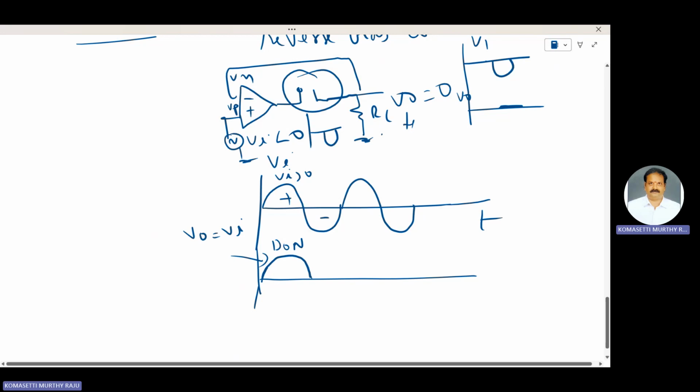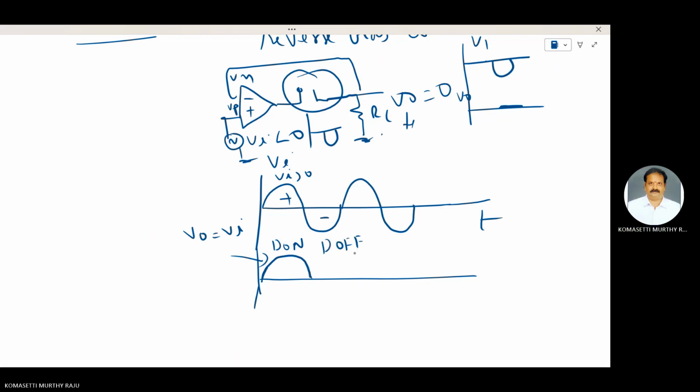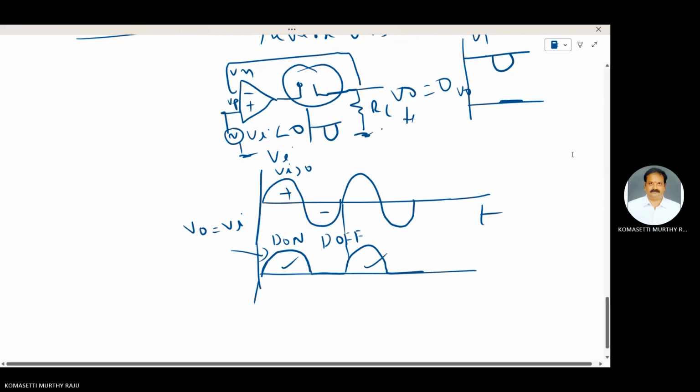During the negative half cycle of that input waveform, diode D is off. There is no current flow through this load resistance, so output is 0. In that fashion, this is the positive precision rectifier. Only positive pulses are allowed.